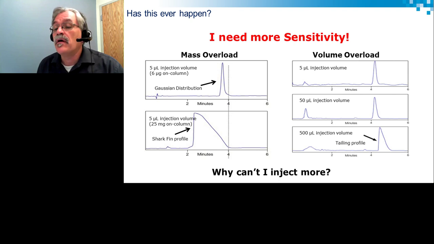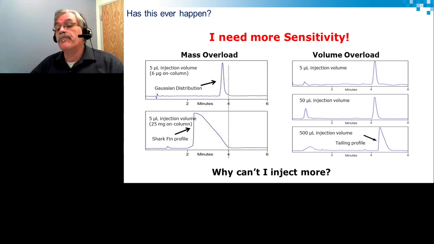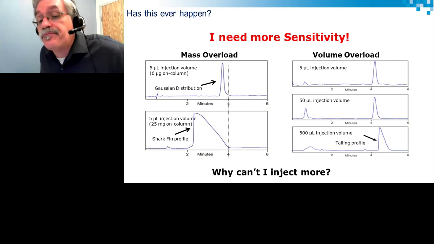I have a very narrow window of opportunity to produce a Gaussian peak shape that I can use for both quantitative and qualitative analysis. If I inject more, I get peak distortions. With mass overload we get the shark fin profile, and tailing for volume overload. So there's a limitation.